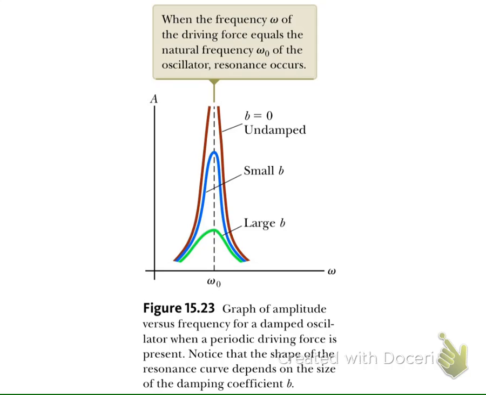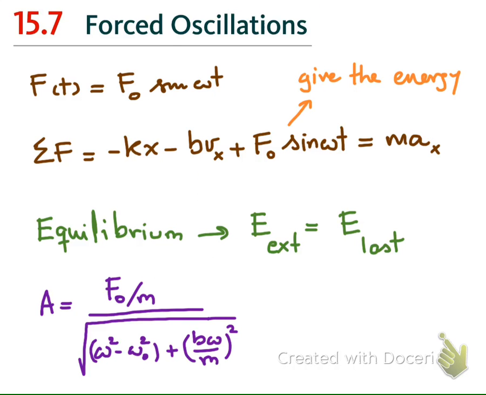The peak of the curve also depends on B. If we look at the expression of A again, you can see that if we have large B, A will be small.